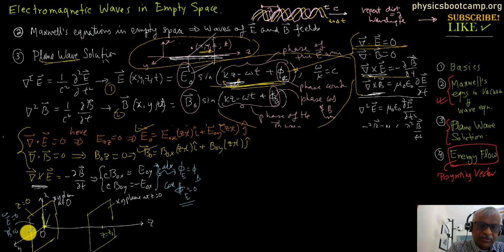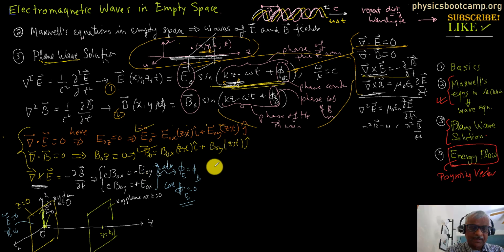So if the electric field is along the X axis, then this should be exactly opposite. This should be minus here and plus here. I don't know where my mistake is, but if the electric field is along the X axis, so say this is the electric field, 0.